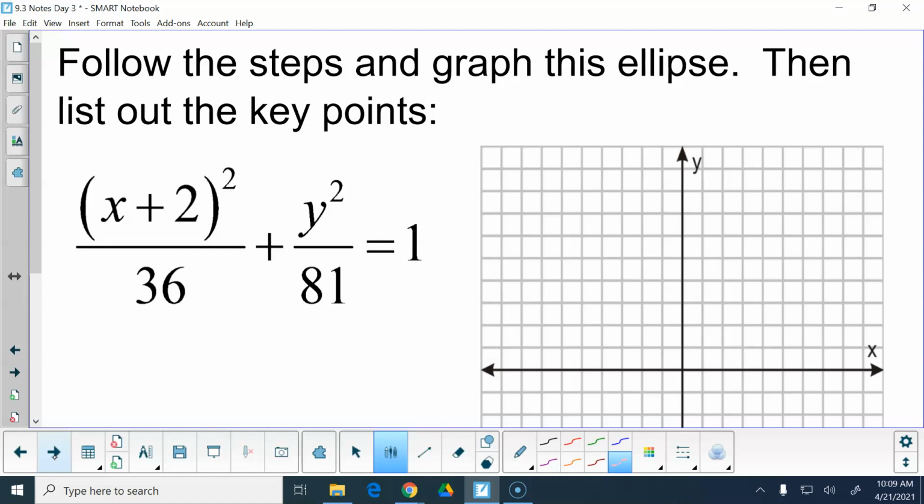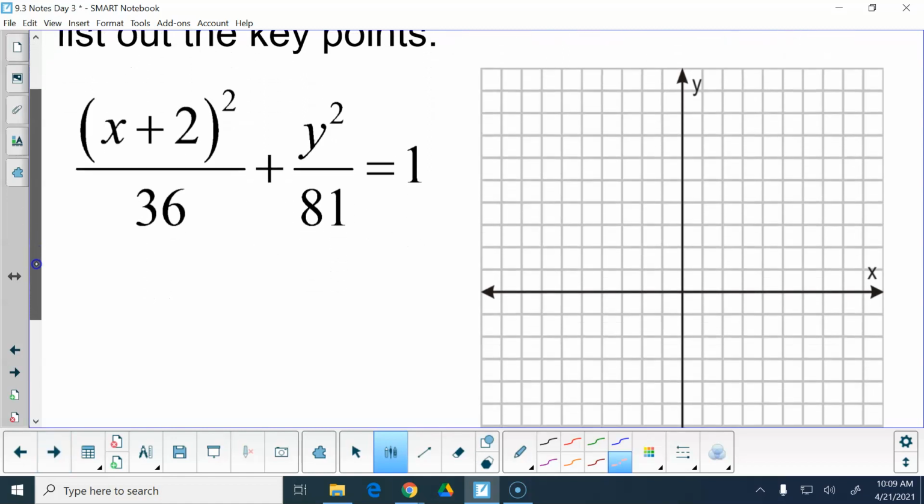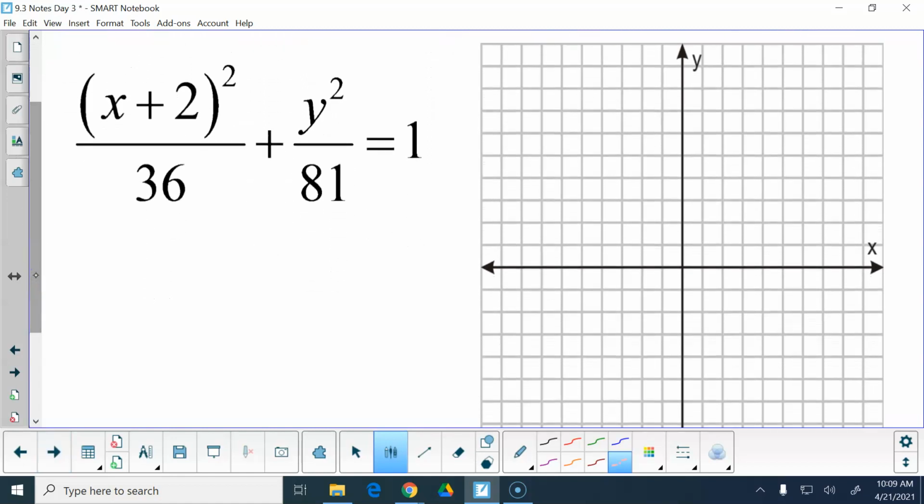So I would say that the center here for this particular one would be at the point... -2, 0. Love it. -2, 0 would be right there, is my center. Agreed?